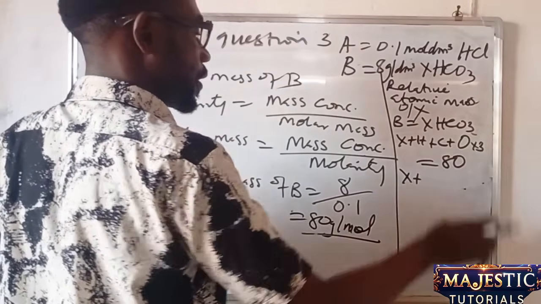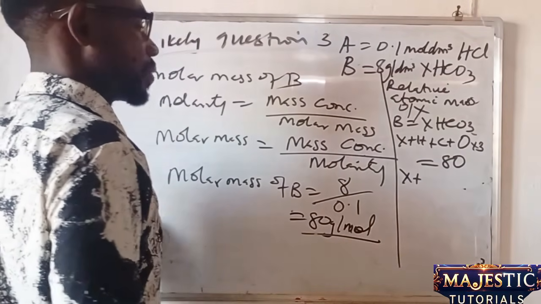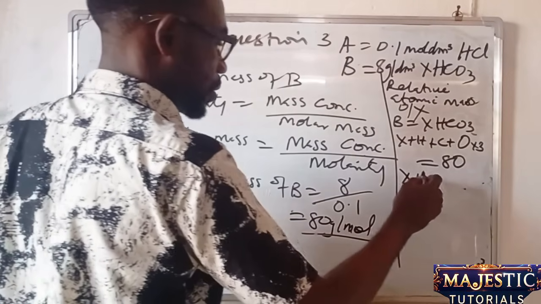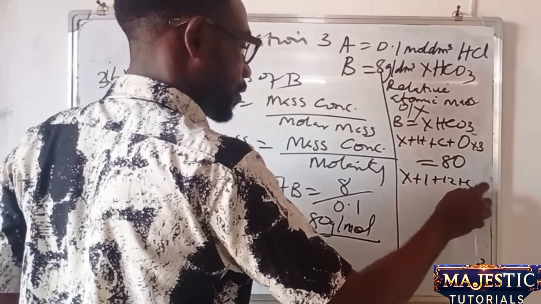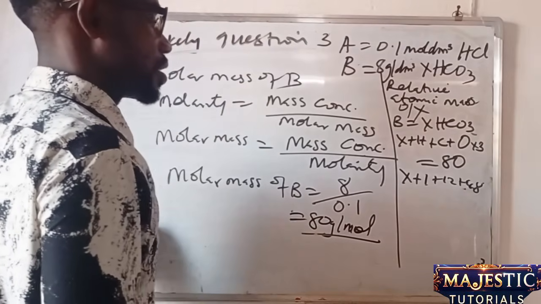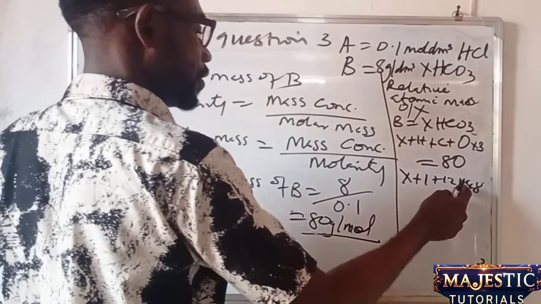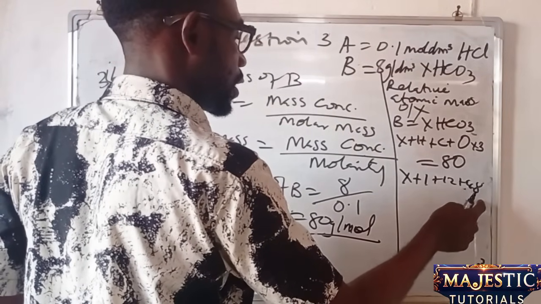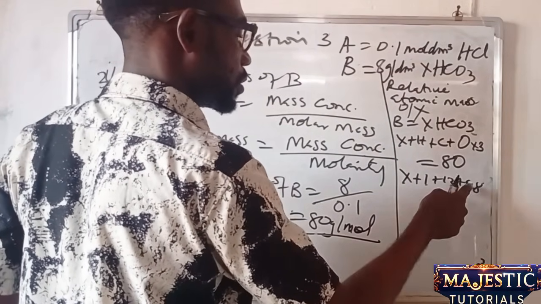CO3 itself is 60, so we are looking at 61 if I'm correct. But let's just do it: 1 plus 12 plus 48. This is 13, and if you put it here, it's going to be 61.